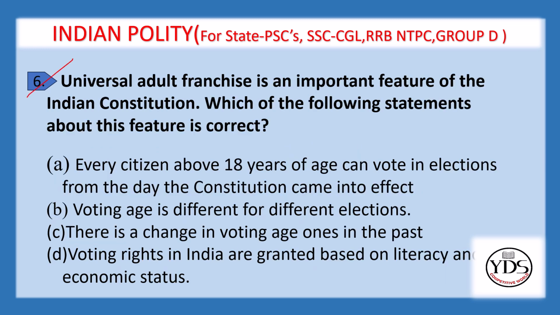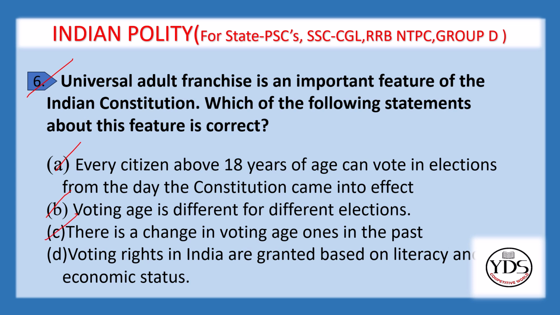Sixth question. Universal adult franchise is an important feature of the Indian Constitution. Which of the following statements about this feature is correct? Option A. Every citizen above 18 years of age can vote in elections from the day the Constitution came into effect. Option B. Voting age is different for different elections.